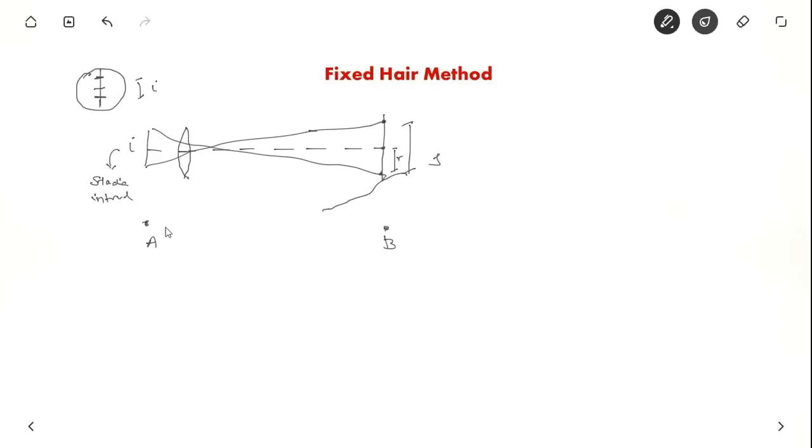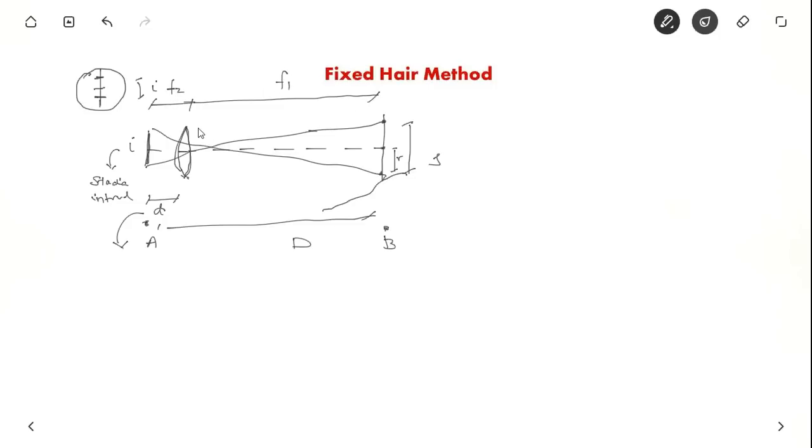This is the distance which you want to measure, A to B, which I am denoting as D, and this point I am denoting as small d. Small d is the distance of the vertical axis from the objective. That is denoted by D, and this is the focal length. I am denoting this as F1 and this as F2.